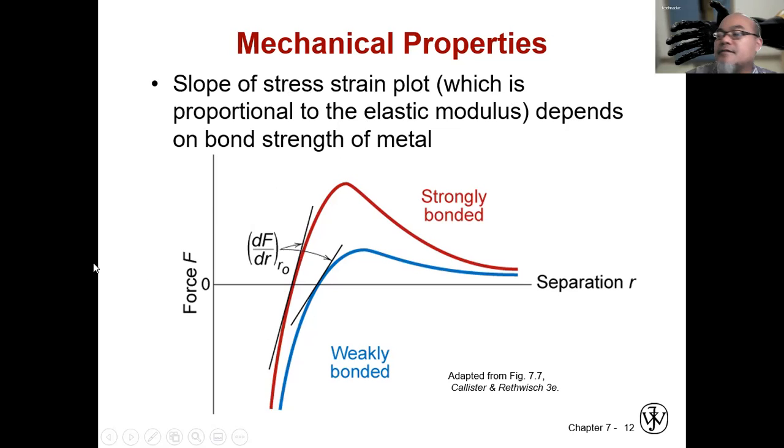When we have a very hard, very rigid material with high Young's modulus, it usually occurs in strongly bonded metal, where the force as a function of separation has a higher gradient, like this red line. The second material, represented by the blue line, is weakly bonded, and hence the Young's modulus will also be lower.